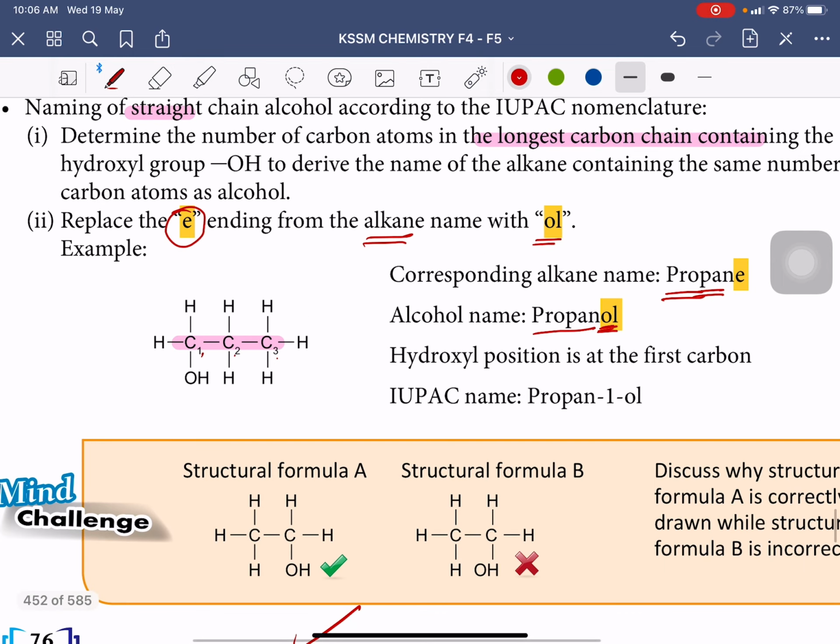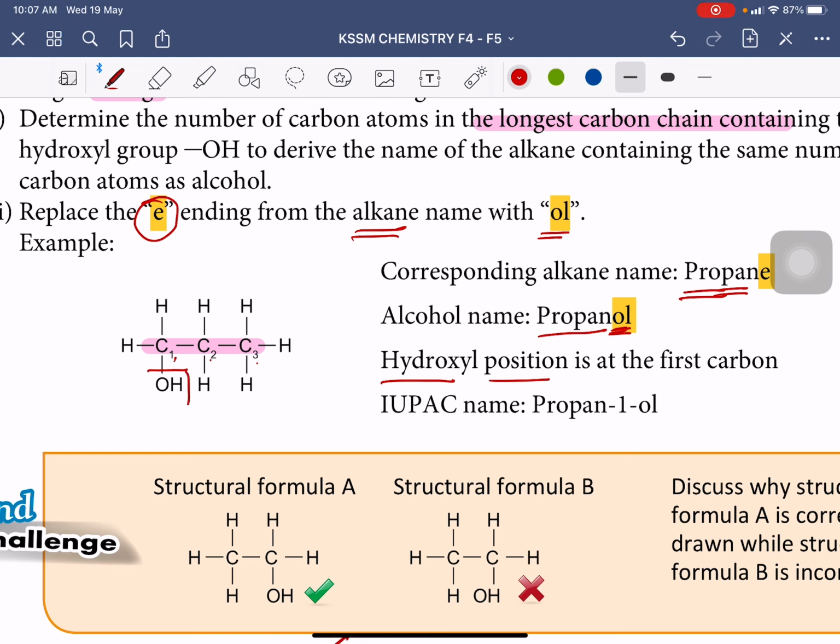So the hydroxyl position is very important. Where is the functional group situated? If it is situated in the first carbon, we will call it propan-1-ol. But if it is situated in the second carbon, C-C-C, here, it will not be called 1, but it will become 2, propan-2-ol.